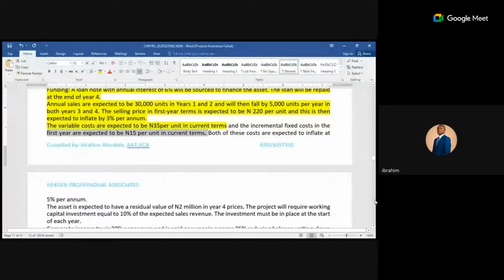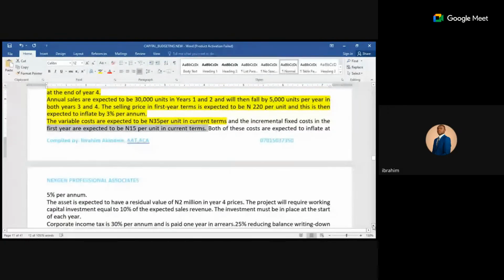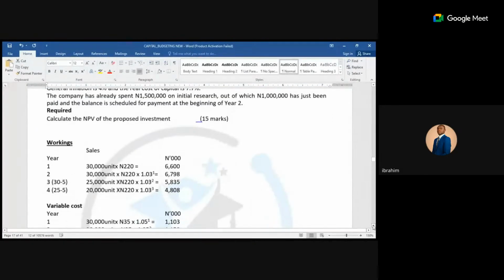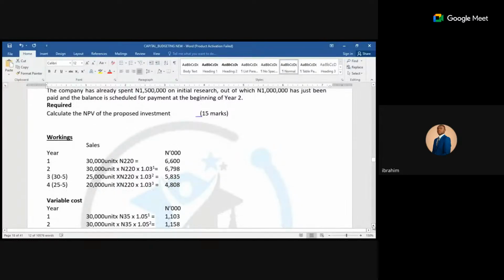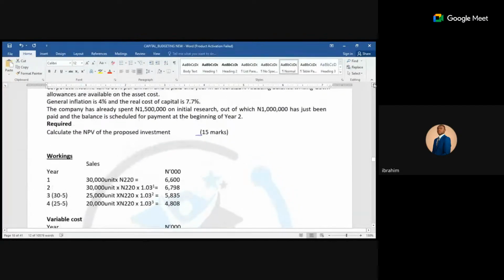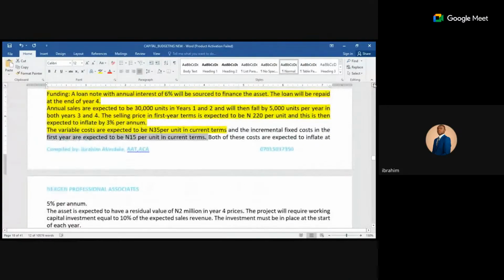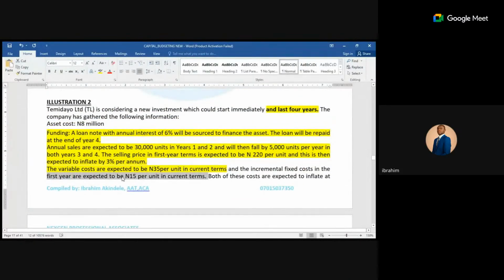Now, if you look at what we did first under selling price, under sales, the selling price in the first year terms is expected to be this.